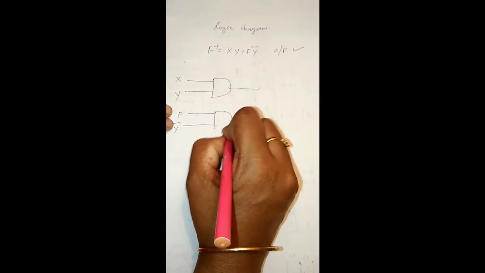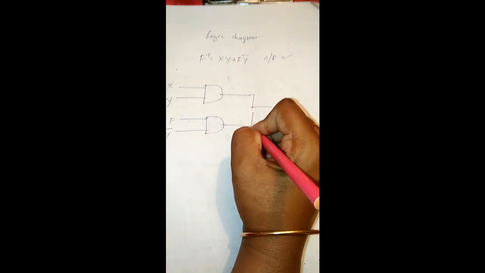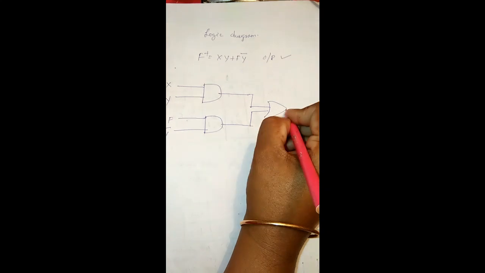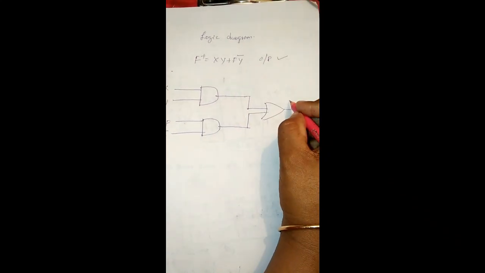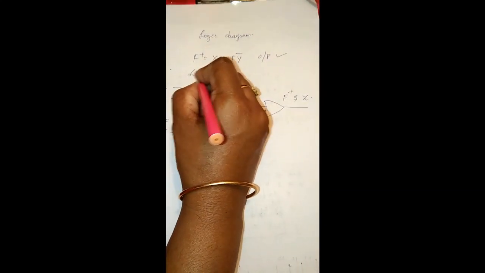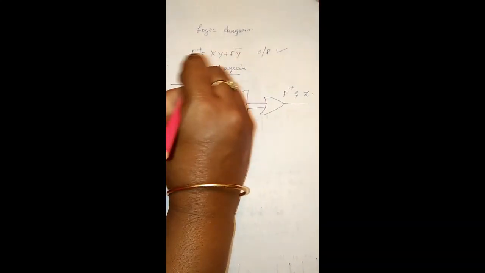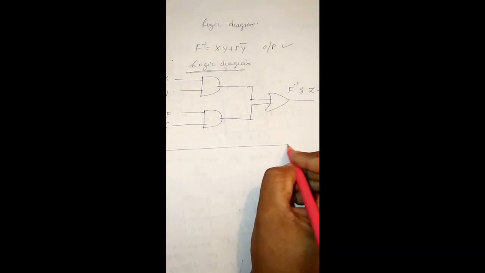I can either take it directly or you can connect a NOT gate, it's up to you, and both are finally connected to an OR gate. So this is your next state and your output. This is your logic diagram, and this logic diagram finally completes your asynchronous sequential circuit design.